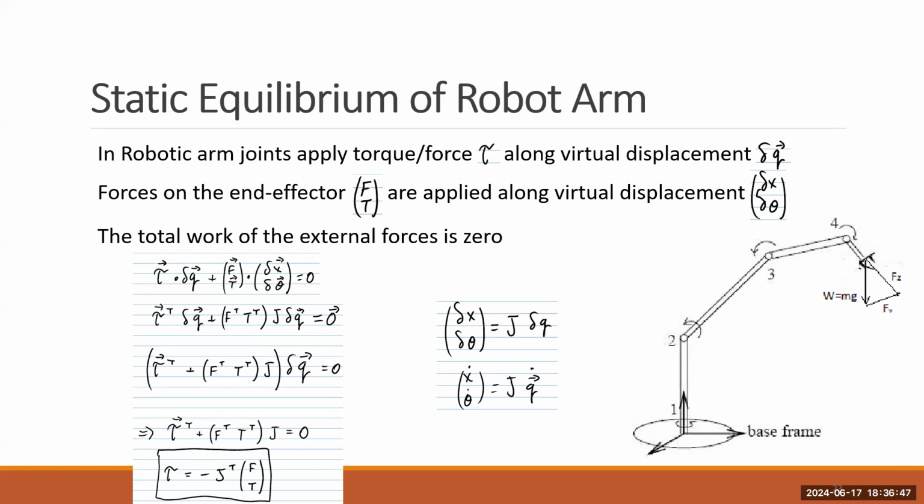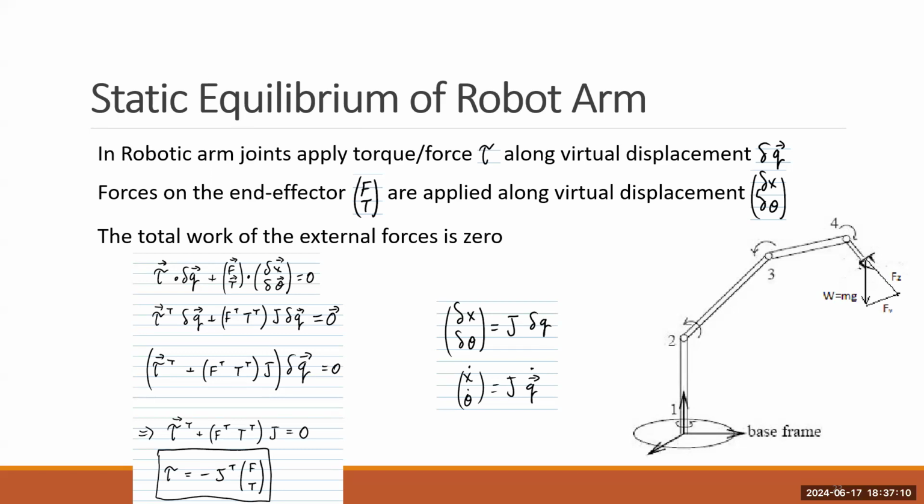So now we can take delta Q outside. And we can write tau transpose plus F, T transpose times J, all of this in parentheses, times delta Q equals 0.